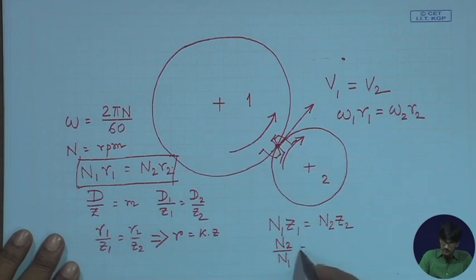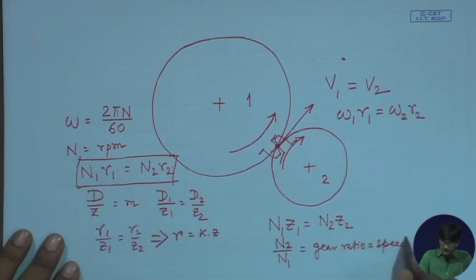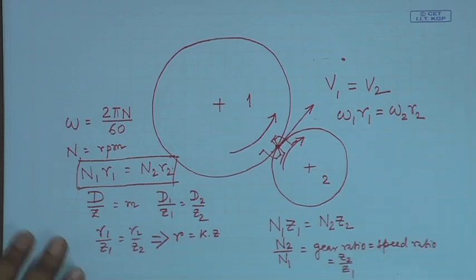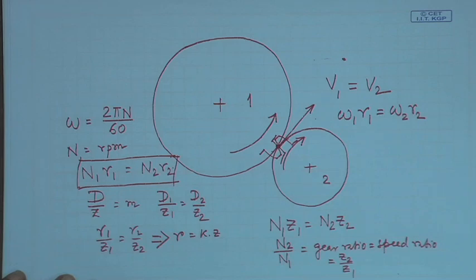So, N2 by N1 is equal to gear ratio or speed ratio, and hence we establish the first law which will be helping us to calculate speed ratios.